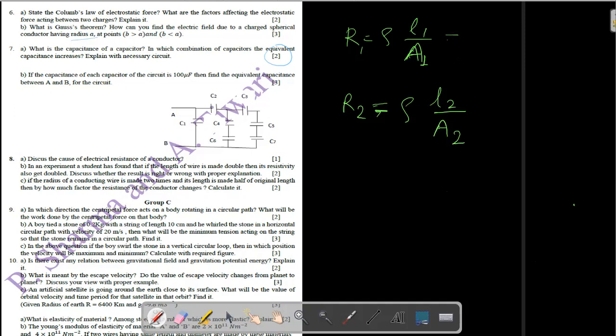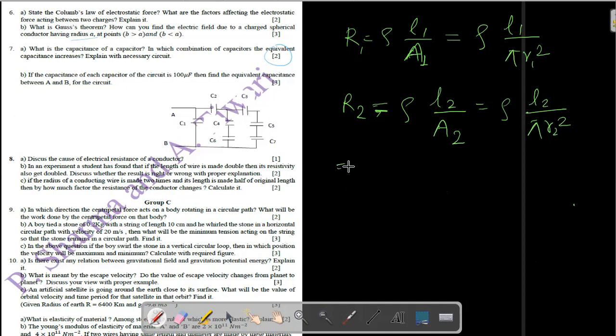So we have to further express this as L1 by pi R1 square. Pi is also constant. This is the cross-sectional area for the wire, and for the second we can write L2 by pi R2 square. Radius is made 2 times and length is made half.